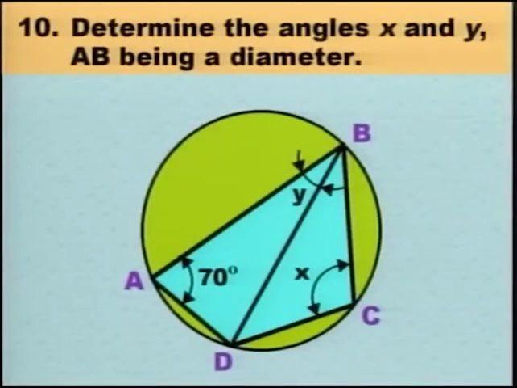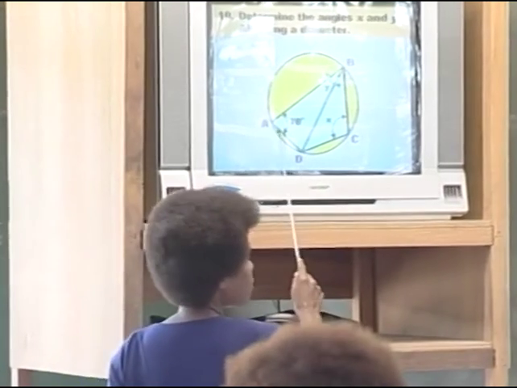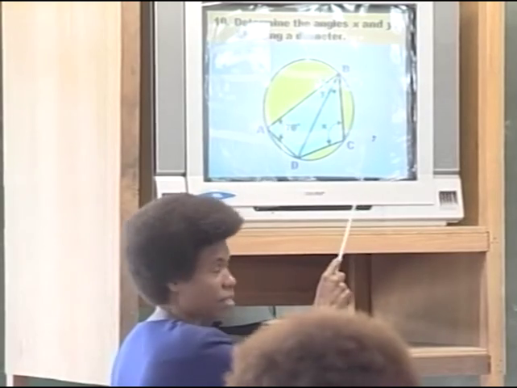Question 10 there. And question 10 here. ABCD is also a cyclic quadrilateral. All right? You agree with what I'm saying?